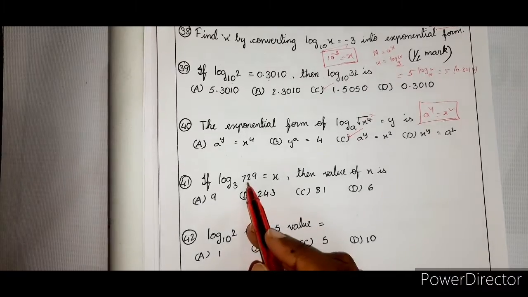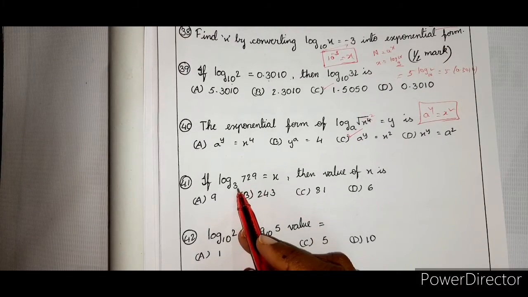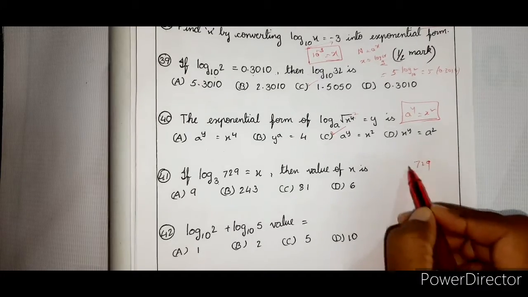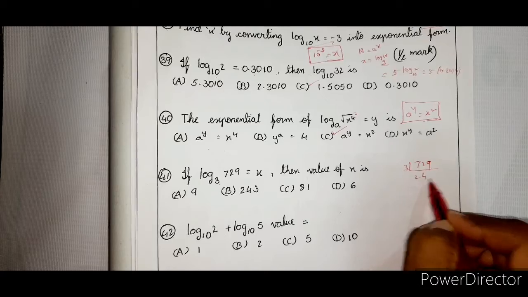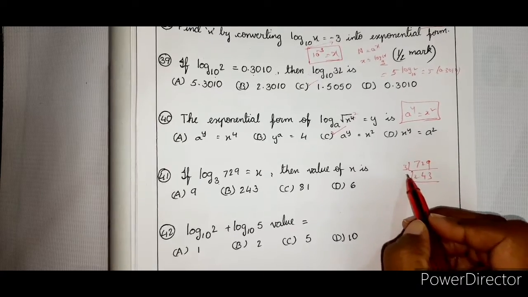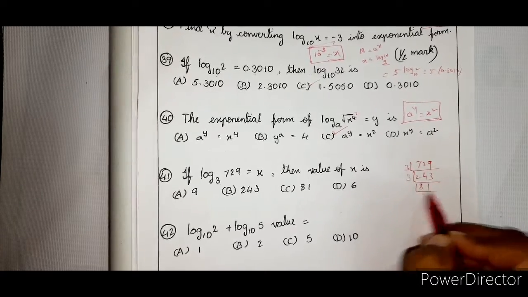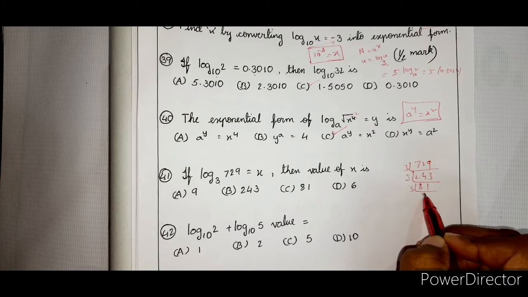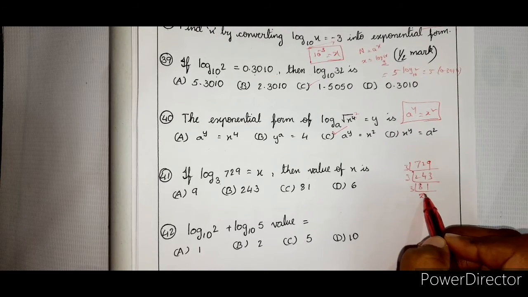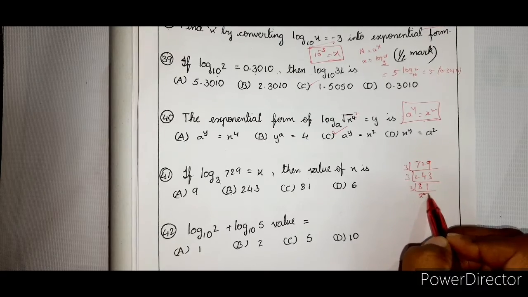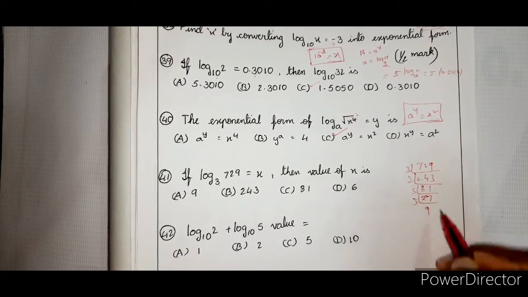Now log 729 base 3. That means it is going to be raised by 3 powers. Do it: 3 2s are 6, 3 7s are 21, 3 9s are 27.